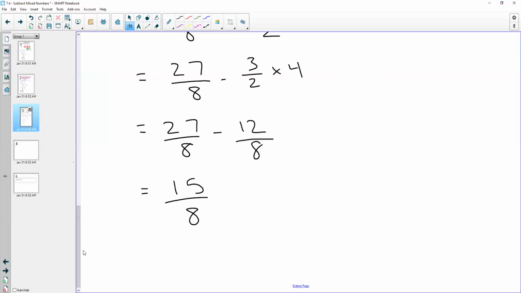If I count up, I'll go 8, 16, which is too much. So 1 whole time. Putting 1 whole in is the same as subtracting 8 from the numerator. So if we subtract 8 from 15, we'll be left with 7 over 8. And that is our final answer.